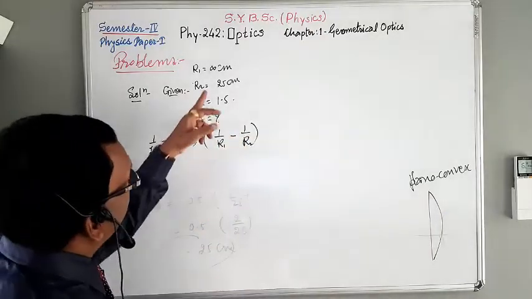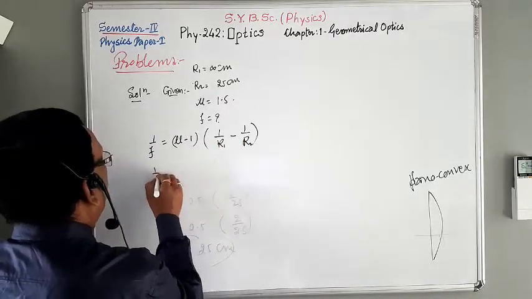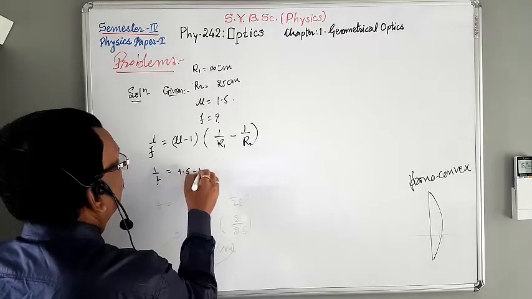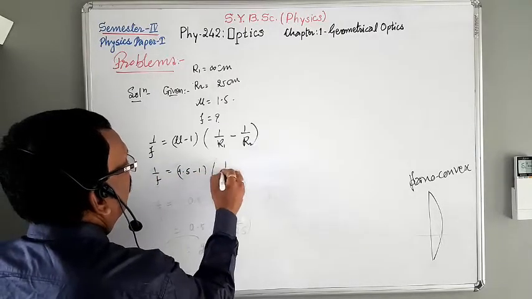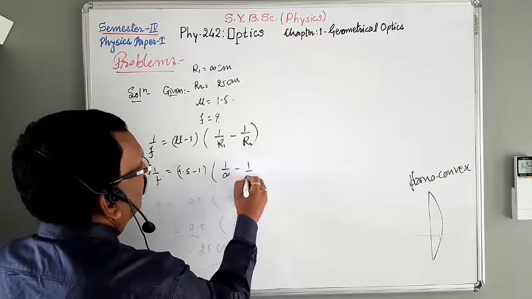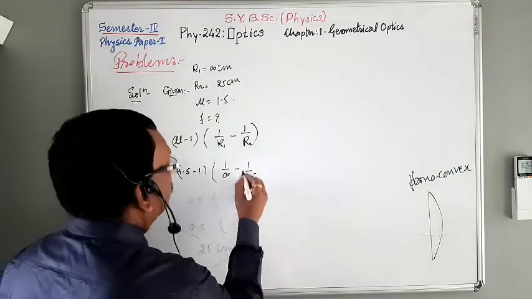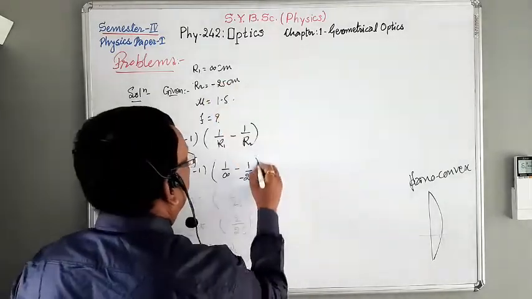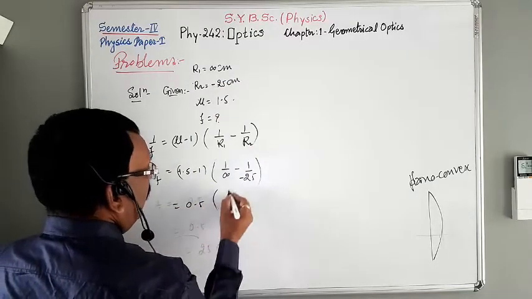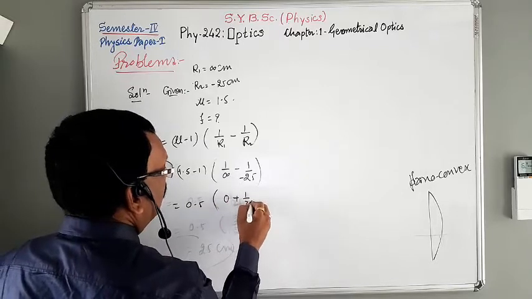So again substitute the values in the same formula. We have 1 upon f is equal to mu minus 1, that is 1.5 minus 1, in another bracket 1 upon infinity minus 1 upon minus 25. Solve this. 0.5 in bracket 1 upon infinity, that is 0, minus minus, that is plus, 1 upon 25.